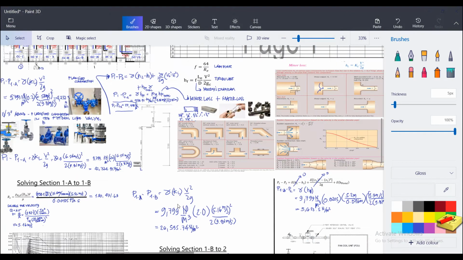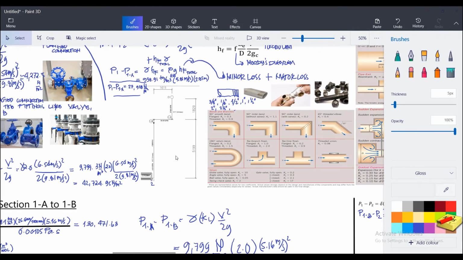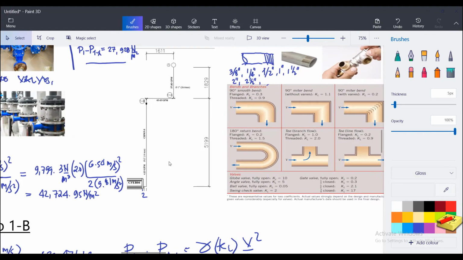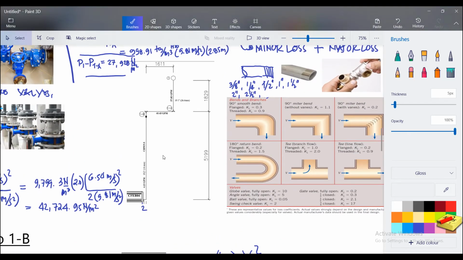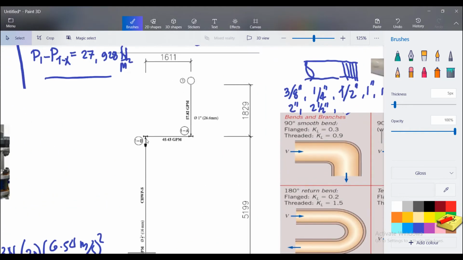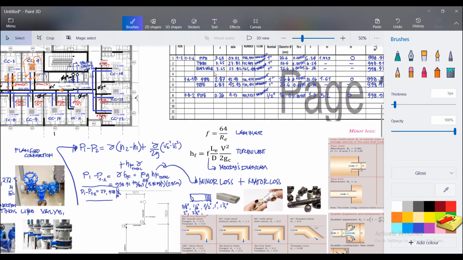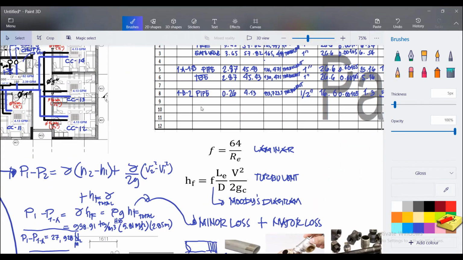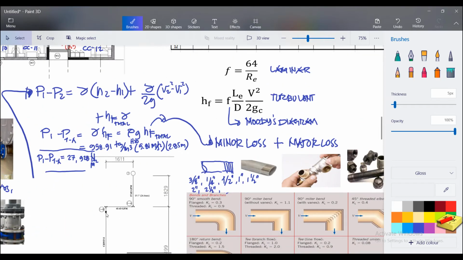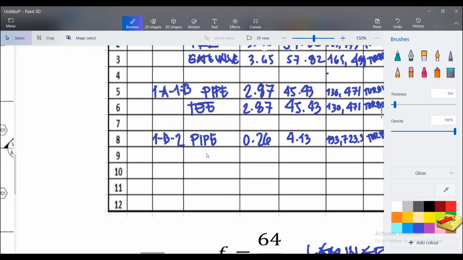Okay, so we're going to check, since we have now computed the length. Now what I'm concerned about now is the T things. The T we used earlier, okay, it has been used. Then we have here a sudden reduction, so we reduced. So we're going to put here a concentric reducer.